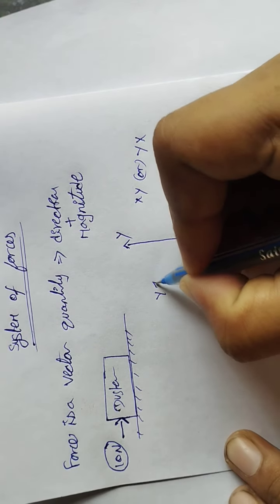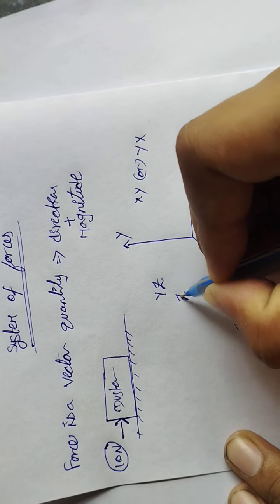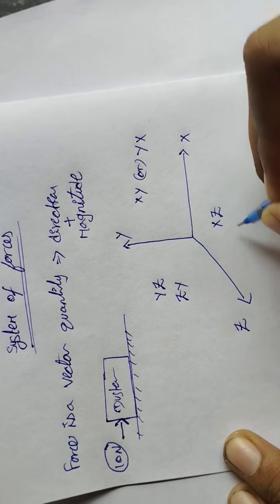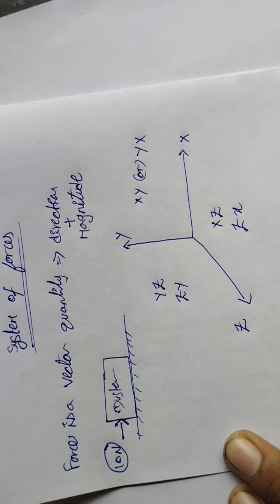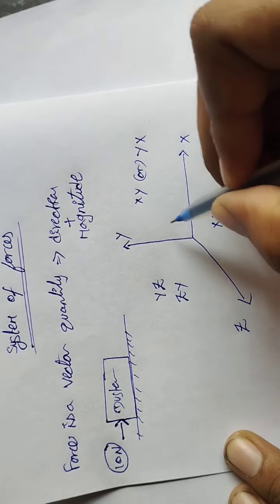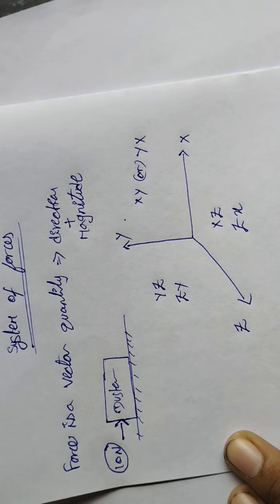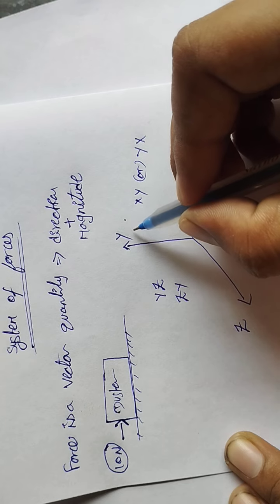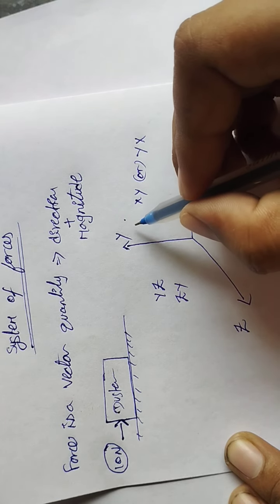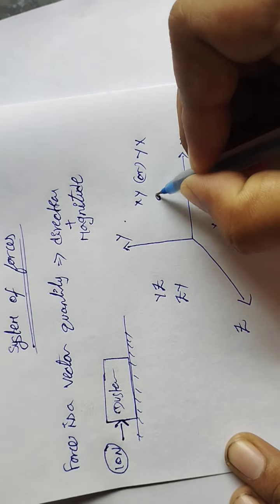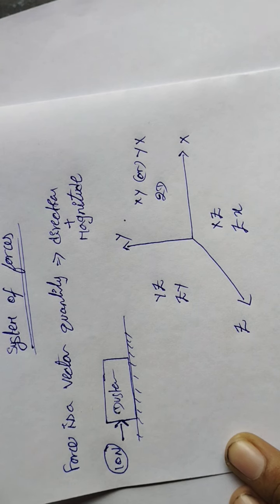This is the yz plane or zy plane. This plane is the xz plane or zx plane. So we can say it as 1 plane, 2 plane, 3 plane. This xy is also called 2D, two-dimensional, because we involve only 2 axes. When we involve 3 axes, it's called 3D.